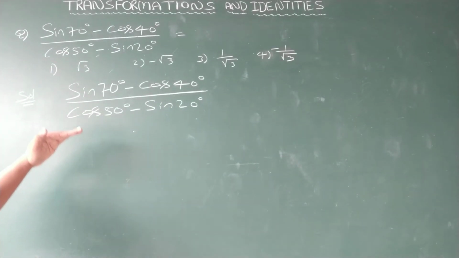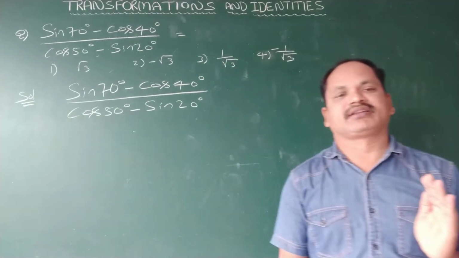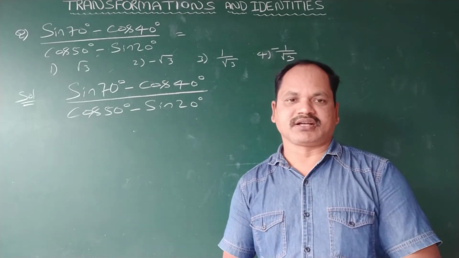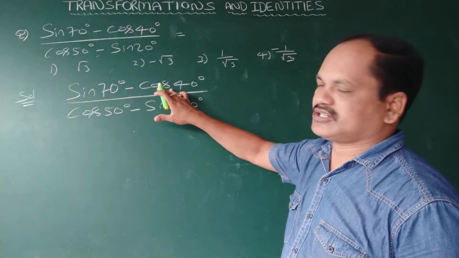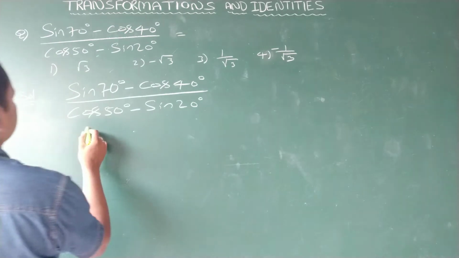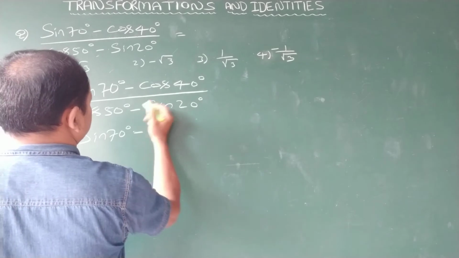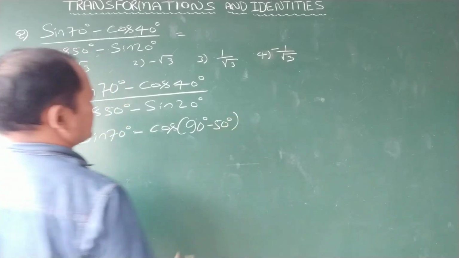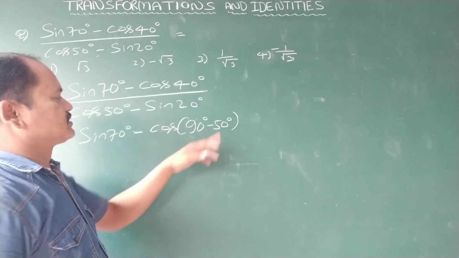Actually, observe here, we know the formulas: sin C minus sin D, cos C minus cos D, sin C plus sin D, and cos C plus cos D. That's why we have to change this cos in terms of sin, or this sin in terms of cos. That's better. So here it is sin 70 degrees minus cos (90 minus 50) degrees, since cos 40 is nothing but cos (90 minus 50).